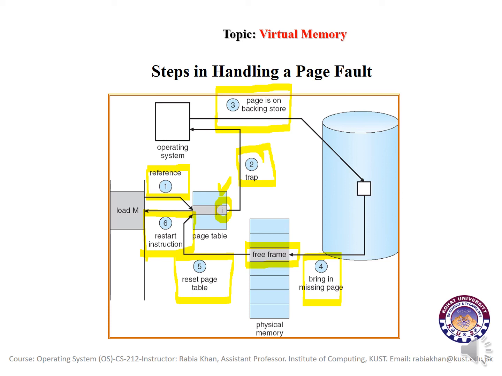Once the page is loaded in RAM, the page table entry associated with this page gets updated. Earlier, its protection bit was 0. Now, after loading it in RAM, its protection bit is reset to 1. And the instruction that has referenced this page gets restarted in order to execute instructions within this referenced page. So this is the complete mechanism of how the operating system manages a page fault.